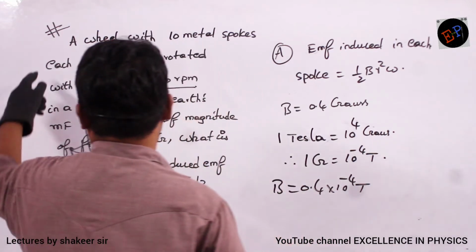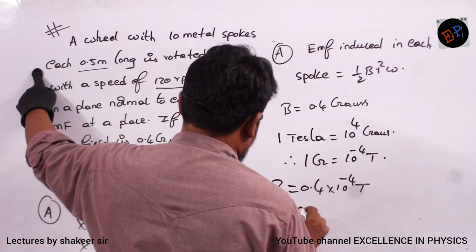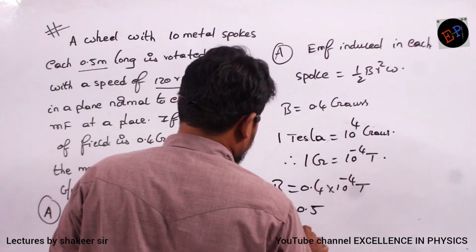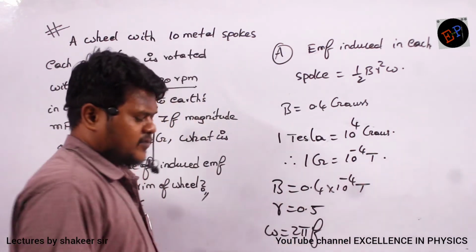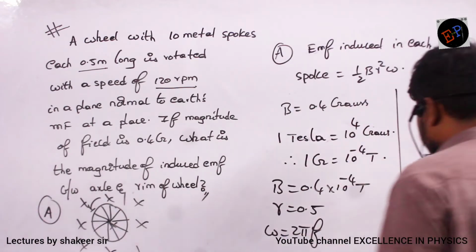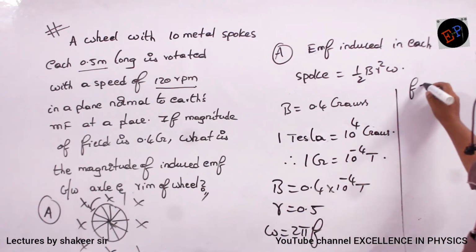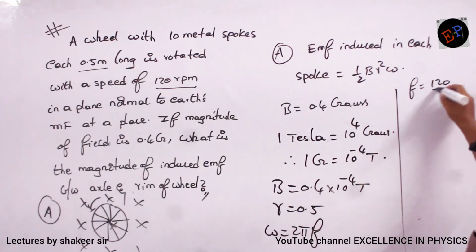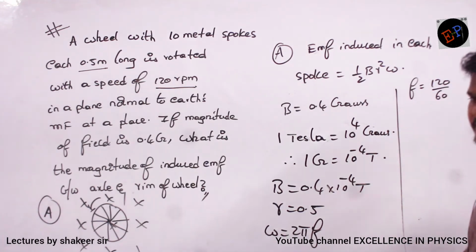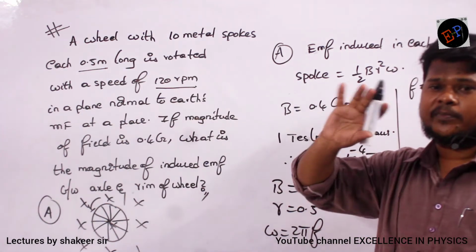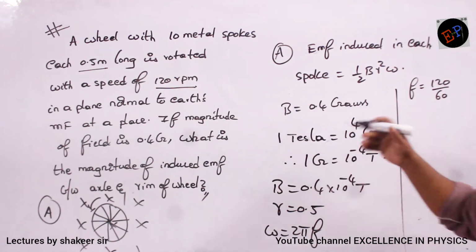And what is the radius of each spoke? Radius is 0.5. Angular velocity is how much? Angular velocity is 2 pi f. Frequency is how much? No, frequency is not 120. Frequency is 120 by 60, because RPM he gave, rotations per minute, but frequency is per second, no?